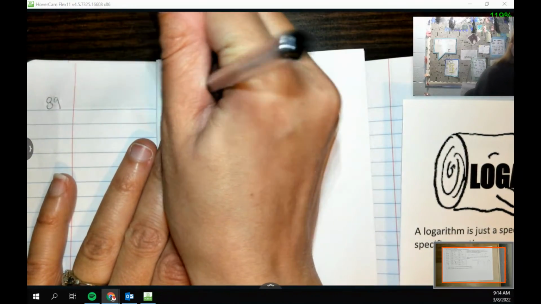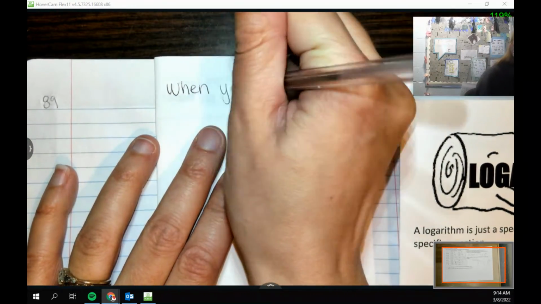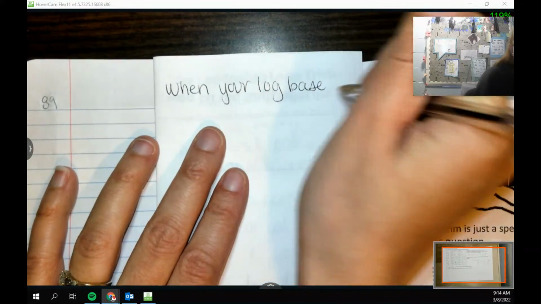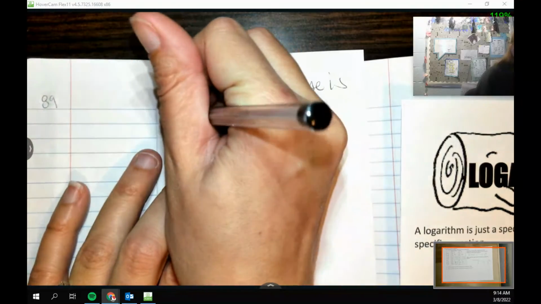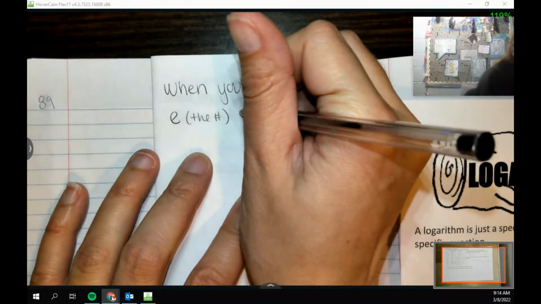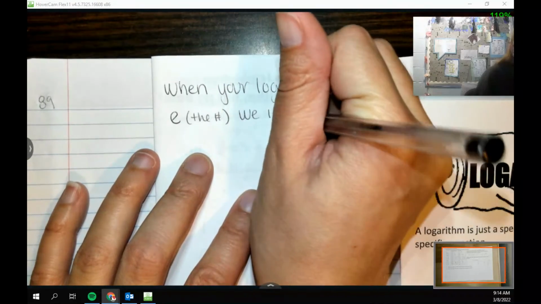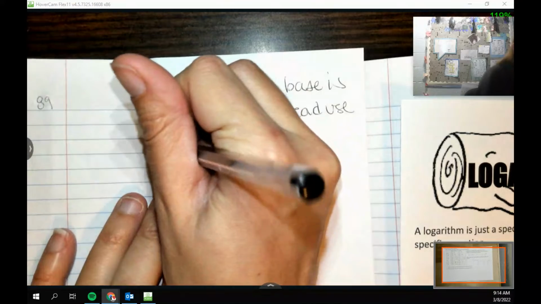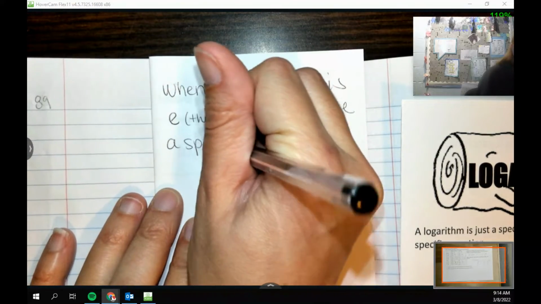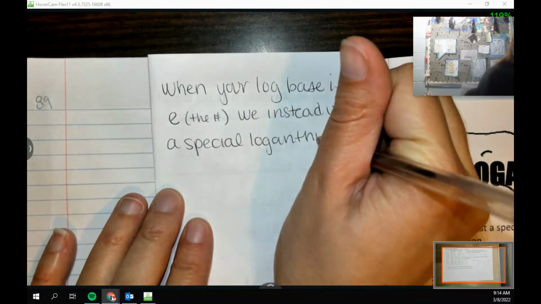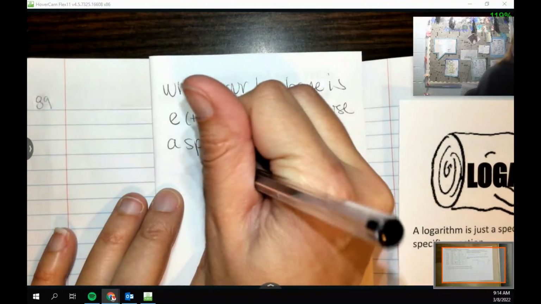So when your log base is e, the number, we instead use a special logarithm called the natural logarithm.